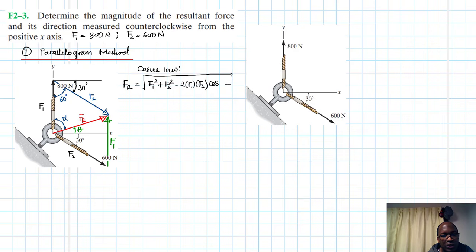The angle opposite FR, which is 60 degrees. Therefore, F1 is 800, F2 is 600.